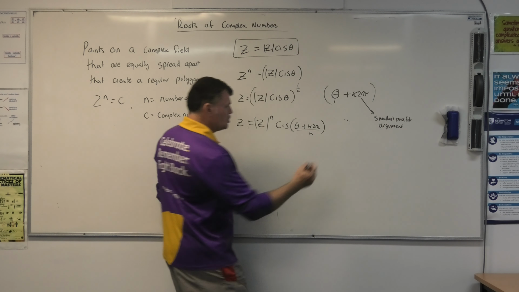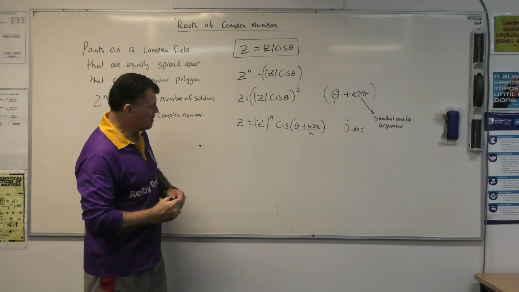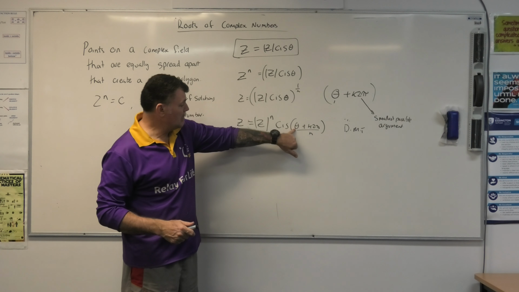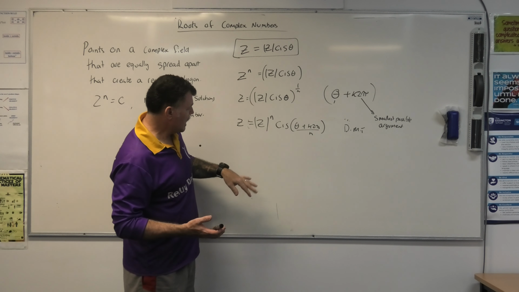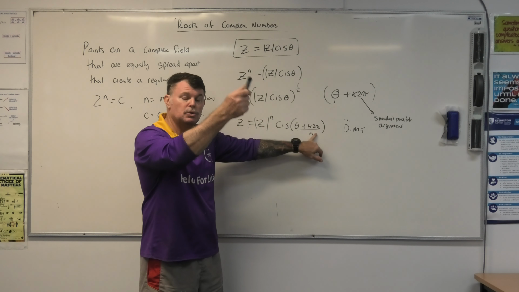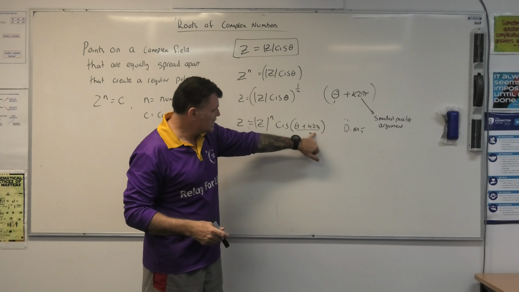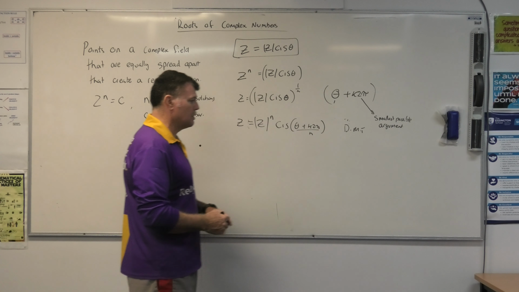This is using De Moivre's theorem, where we now have our initial position according to our variable, and then we have how far we're moving between each point. This smallest possible argument will repeat itself according to how many points we're going along.